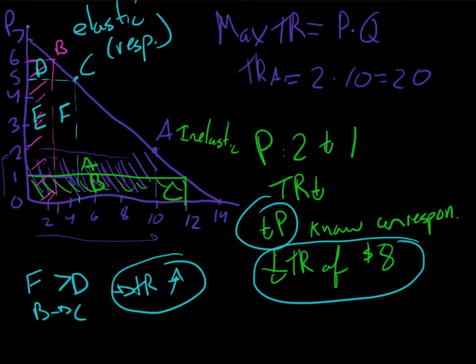So if I'm at a high price, my intuition says to drop the price and you will get a higher total revenue. But if you keep dropping and dropping the price until you get close to zero, it's not true that total revenue will keep going up.